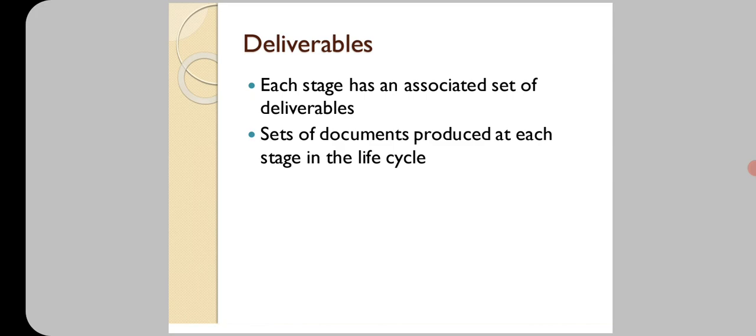Each stage has an associated set of deliverables and sets of documents produced at each stage in the life cycle. Means in every stage there is separate documentation to be maintained.